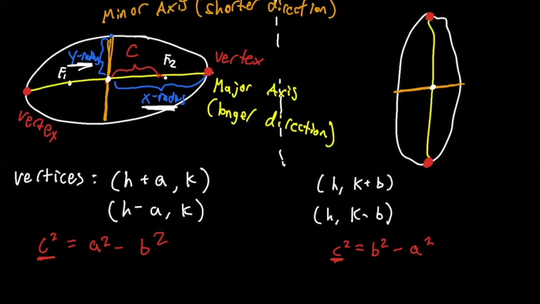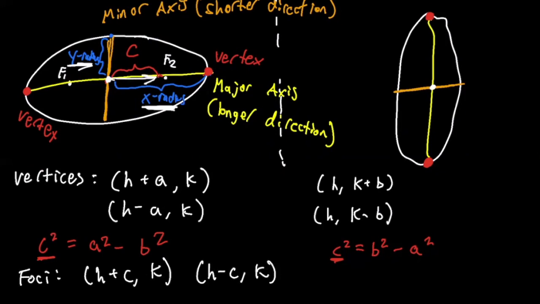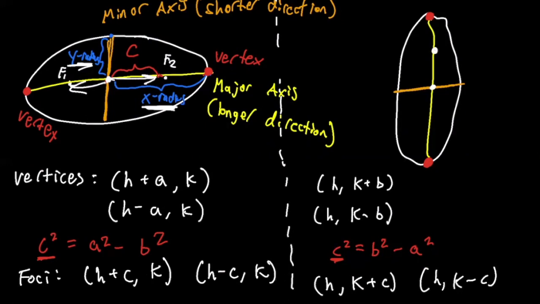And then to find the two foci, we can take our center, and in the x direction, we add on c and subtract c. So we go to the right by c, and also go to the left by c. And same thing for our vertical direction, except we're adding or subtracting in the y direction. So h comma k plus c, h comma k minus c. So our two foci are going to be plus c and minus c up here and down here.